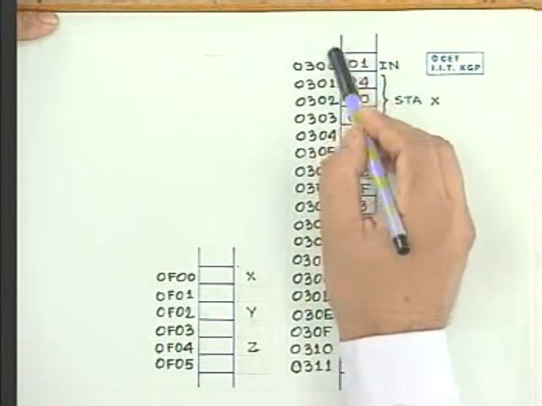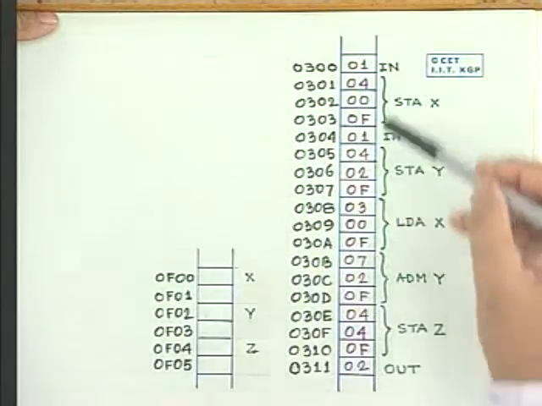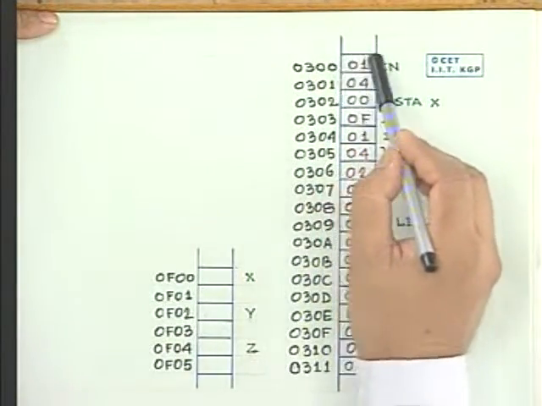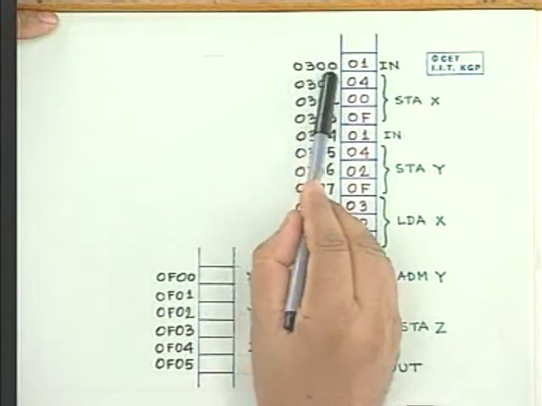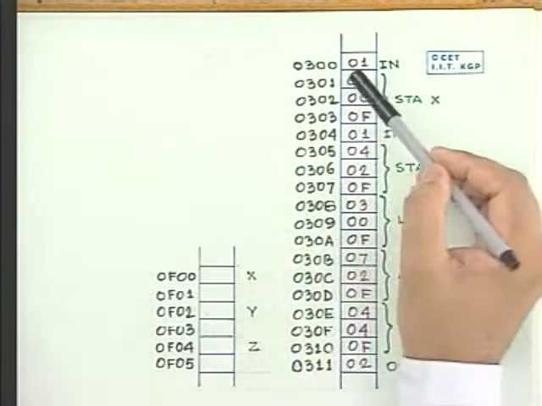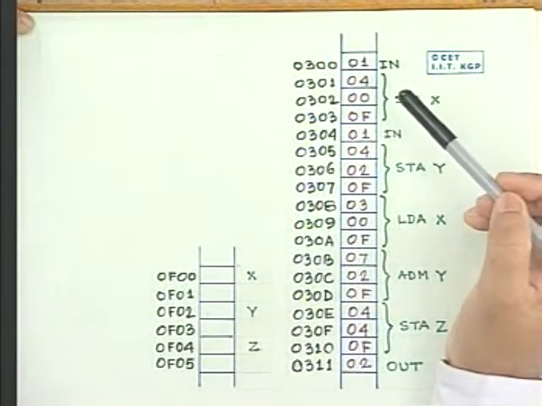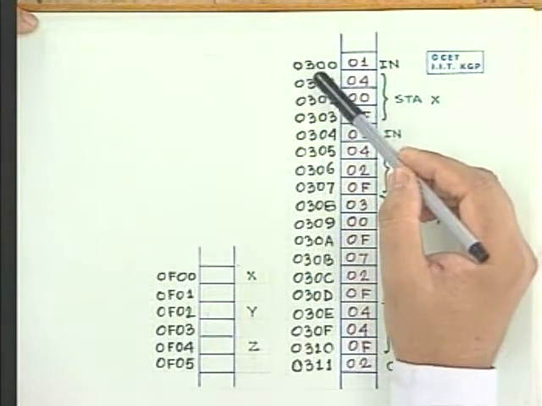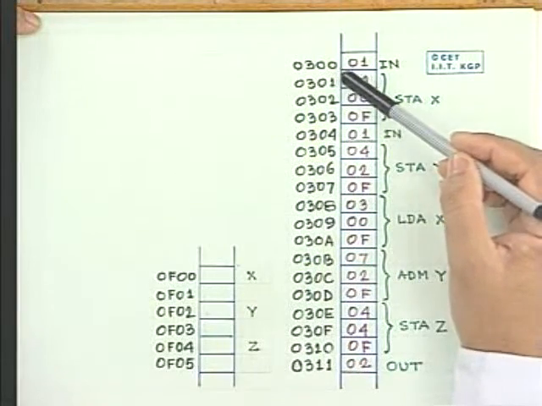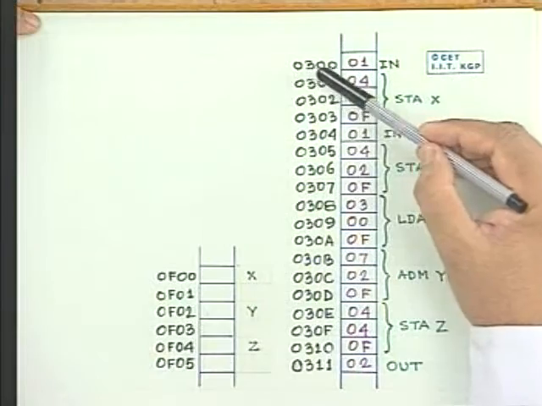Here I have shown as if it is the memory; each memory location consists of 1 byte. The black figures give me the address of that memory location, and the pink gives me the content of that memory location. Here I have assumed that my program has been loaded from the hexadecimal location 0300.